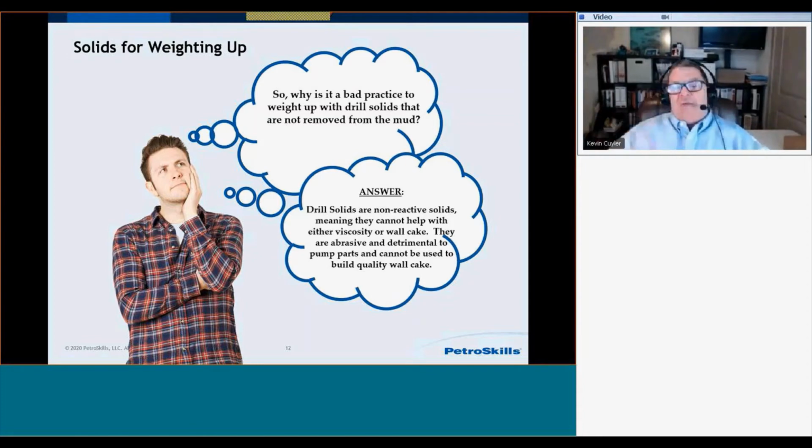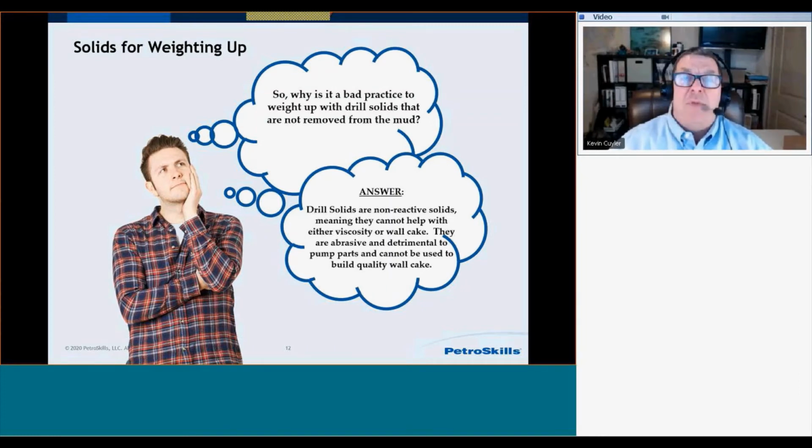If you're on a rig and they're having to replace the liners quite a bit, usually it's because you have some very abrasive drill solids that have been incorporated into that. So it's always important to remove the drill solids out at the first available opportunity. If that means screening up, it's important to screen up.